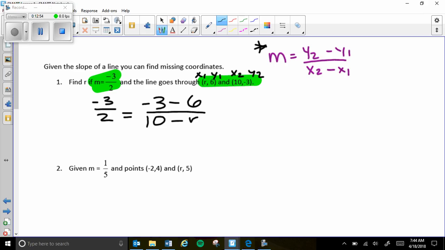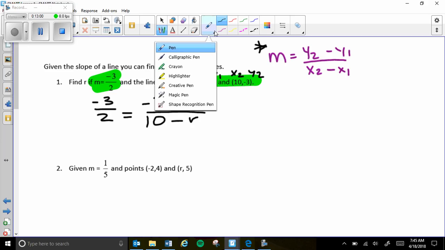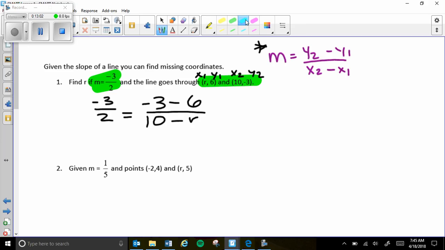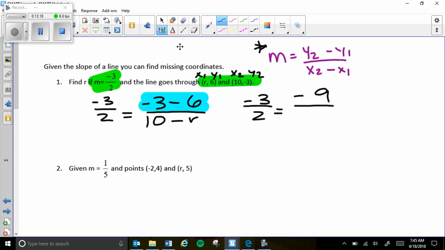And that's fine, that's what it should say. But now we need to look at this problem and ask ourselves, what can we simplify? Right here, we know that -3 minus 6 can be simplified. So again, I'm going to rewrite my slope. -3/2 equals -3 minus 6 is -9, and 10 minus r stays on the bottom.